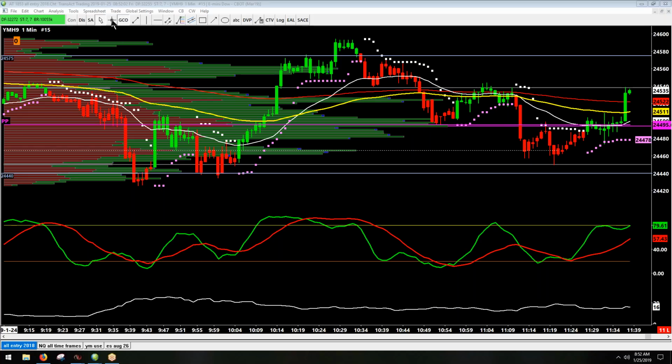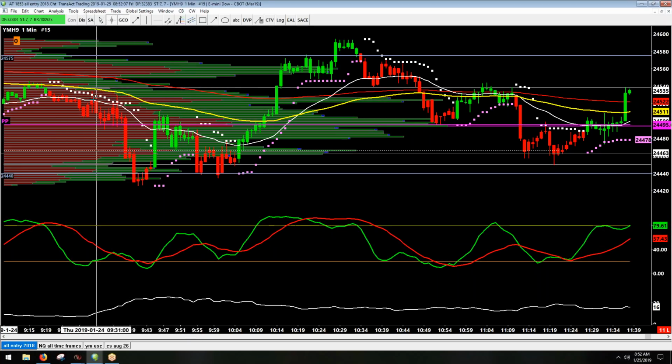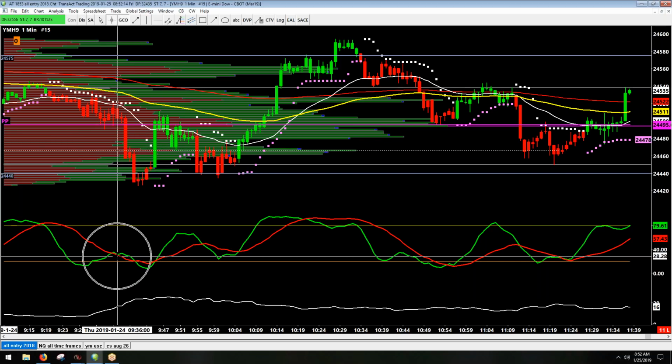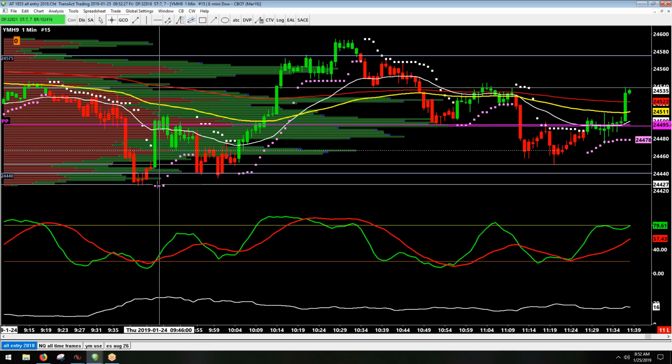Let's say that at some point, as it's trying and trying and trying, the stochastic does get in line like it does right here. You can see it gets in line right here, green above the red. You could take that as a buy, and it's still valid until price closes above the super trend and the super trend starts to plot on the opposite side.